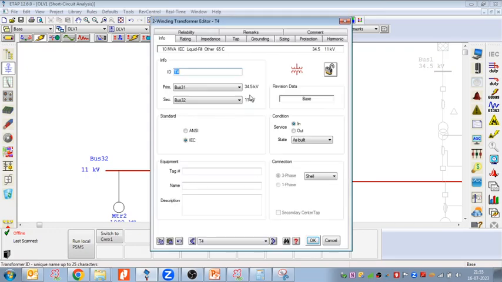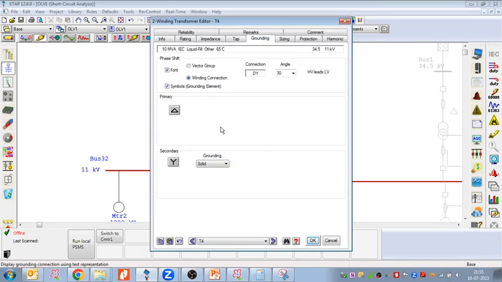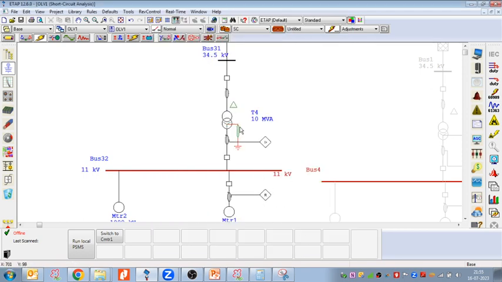So I'm taking the same transformer going to the grounding, and here I'm taking grounding with the help of a resistance. If you see here, this is a resistance. So this is not direct earthing, this is earthing via a resistance, right? This resistance is called the neutral grounding resistance.